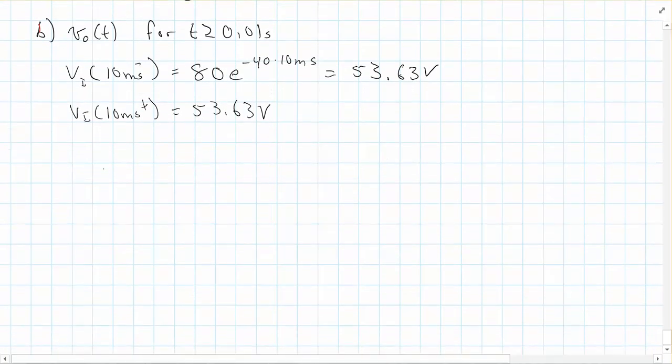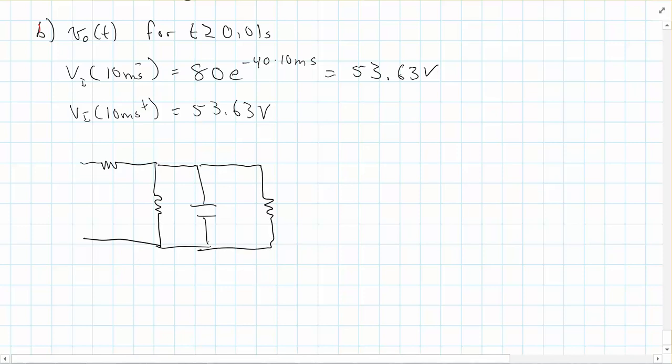The circuit we have here, when that switch closes, let's draw the circuit. Now, we can still ignore this 60k ohm resistor. That's still not doing anything here.